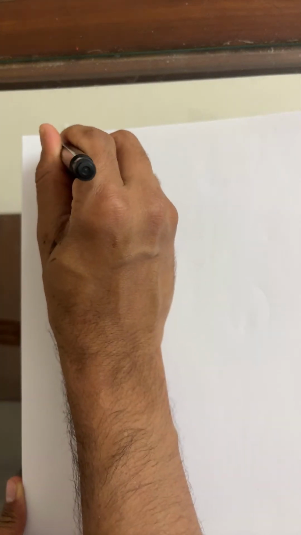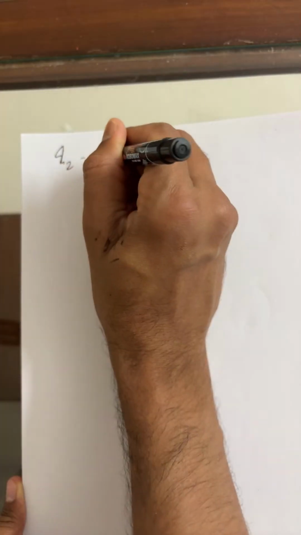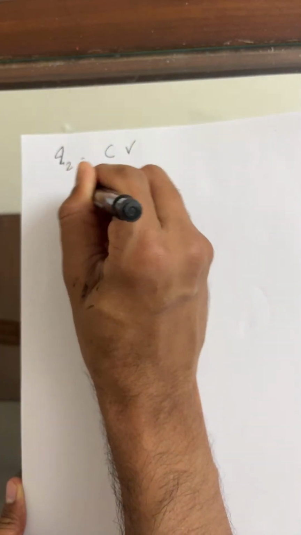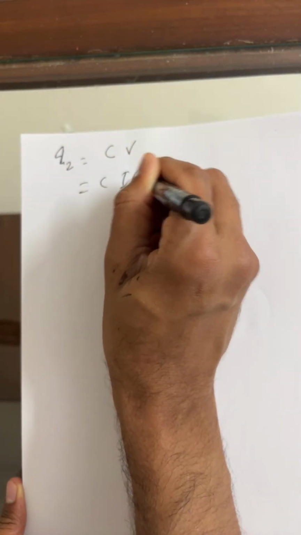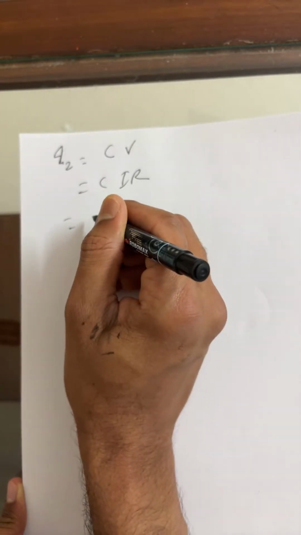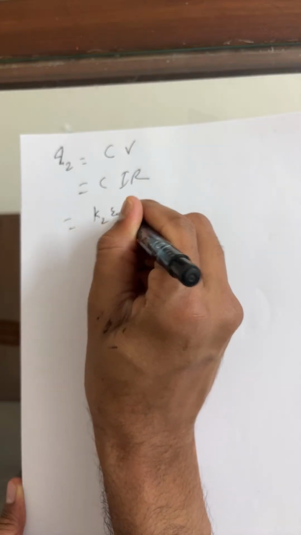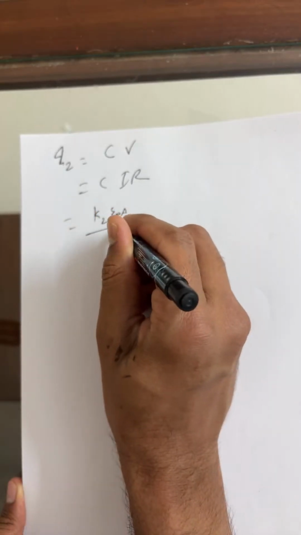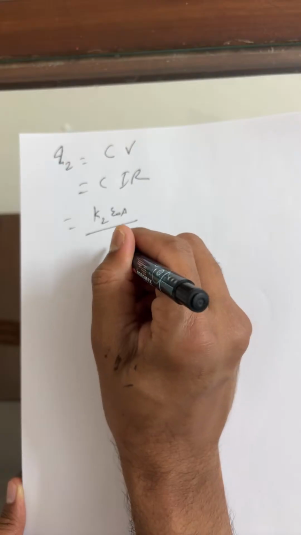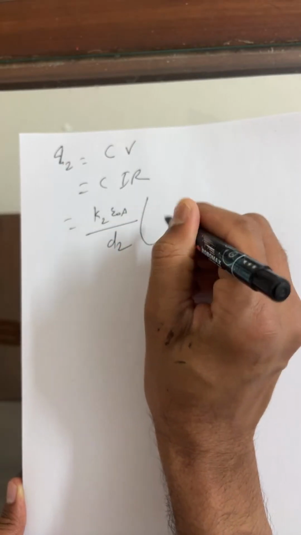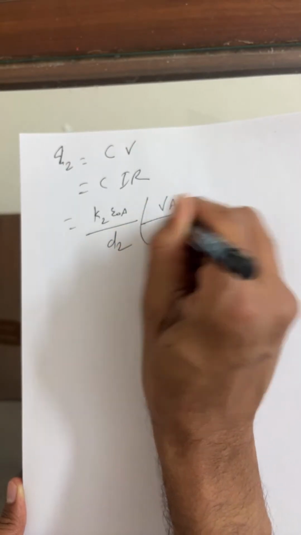So now I'm going to write an expression for Q2, which is CV, and V is equal to IR. So what is C? K2 epsilon naught into A by D2, into V into A.